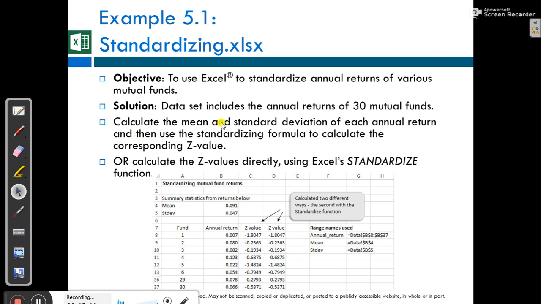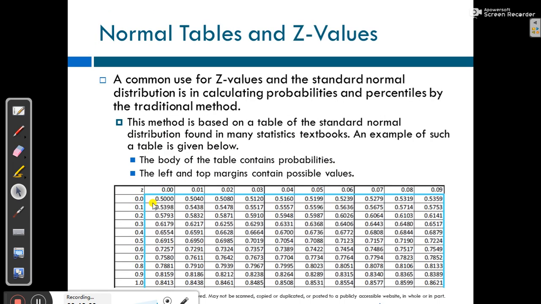Calculate the mean and standard deviation of each annual return, and then use the standardizing formula to calculate the corresponding z value, or calculate the z value directly using the Excel STANDARDIZE function. So there are two ways. You can try it on Excel.